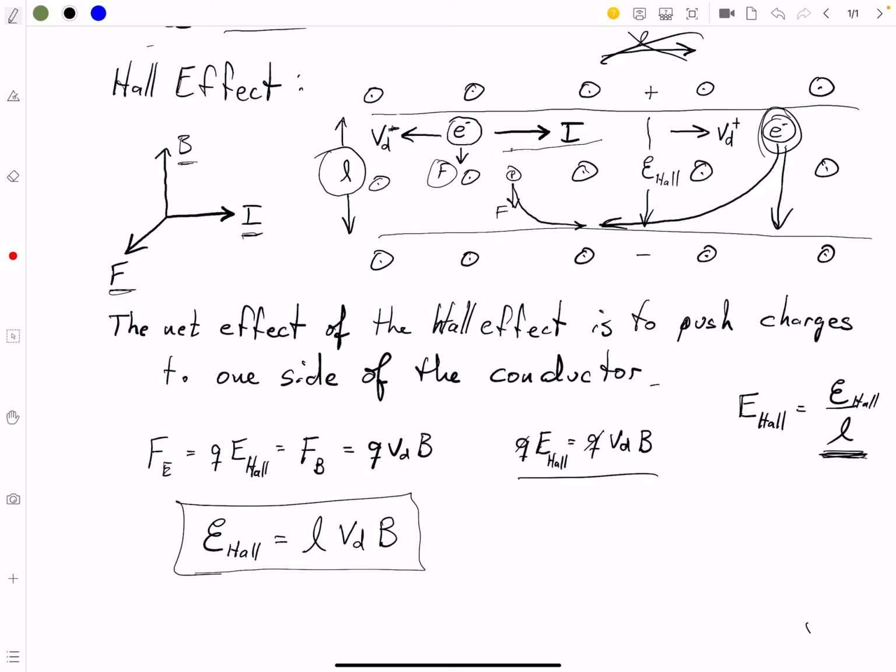That's how you figure out your Hall EMF. So you need to know L, which is the width of the conductor. You need to know v, the drift velocity. And you need to know the magnetic field that it's sitting in.